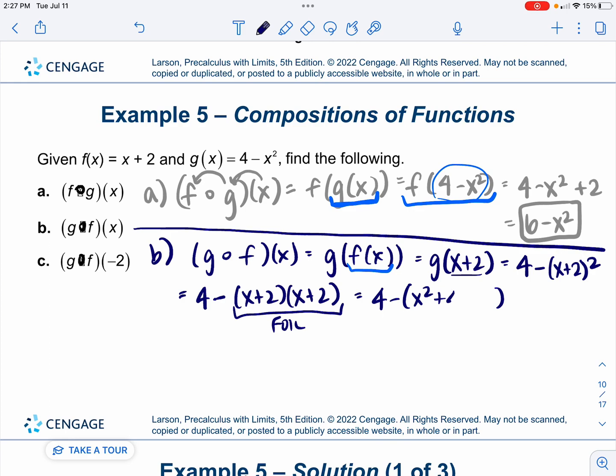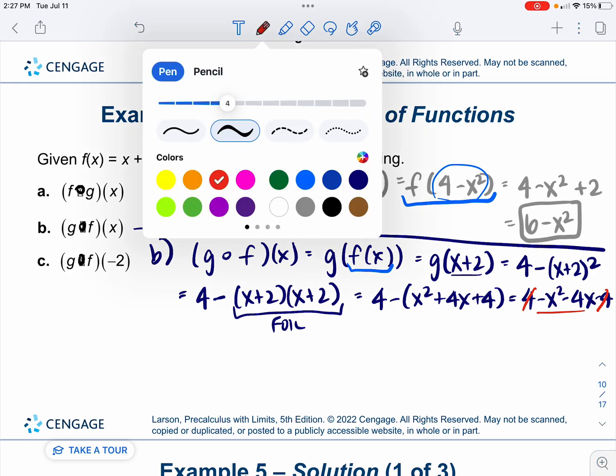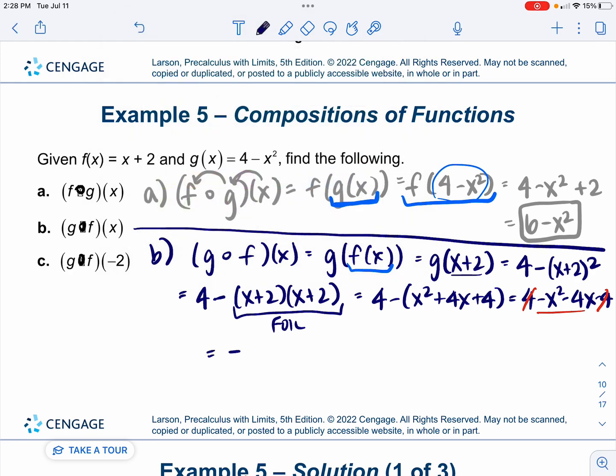Outside and inside is 4x. And 2 times 2 would be 4. I'll distribute the minus, so I'll have 4 minus x squared minus 4x minus 4. Combine like terms, and my 4 minus 4 would cancel out, so I would just have negative x squared minus 4x as my final answer.